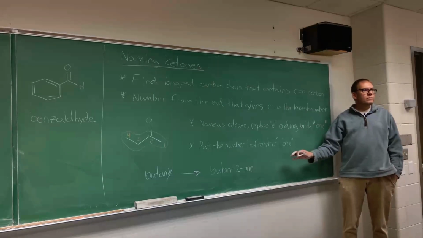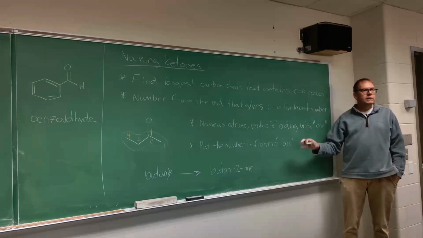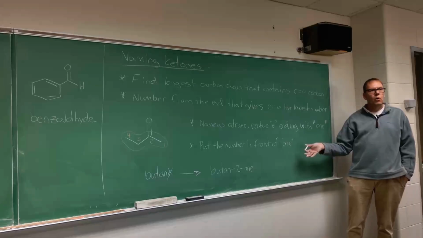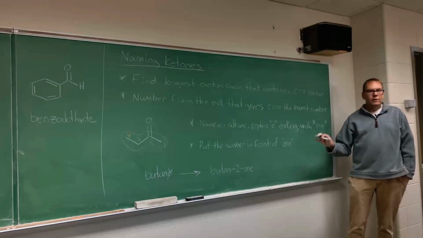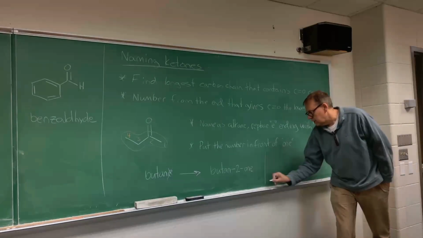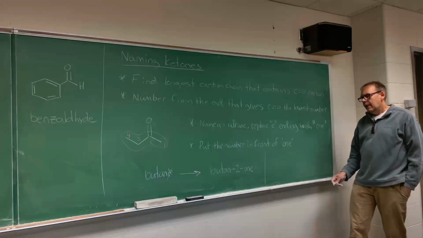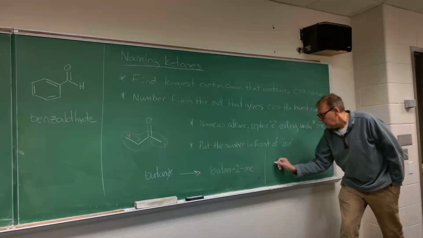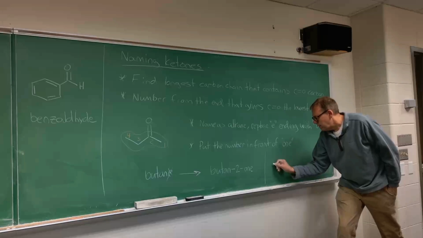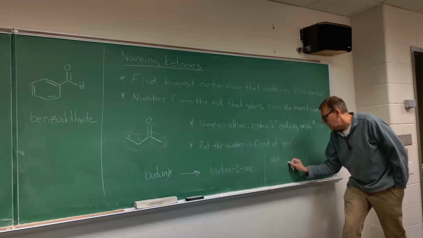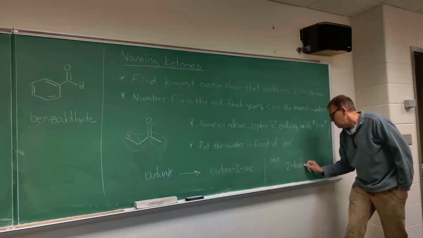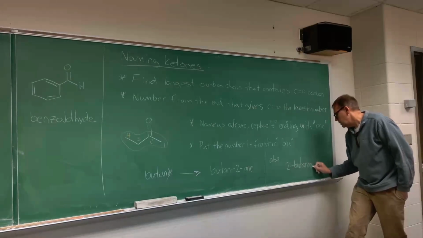There is an older version of the naming that you may see leak through in various places, either in the ALEKS homework or when you're reading through other kinds of textbooks. It just puts the 2 out in front of the parent name. You might also see it as 2-butanone.